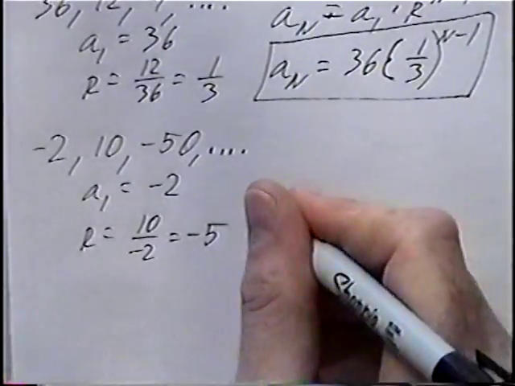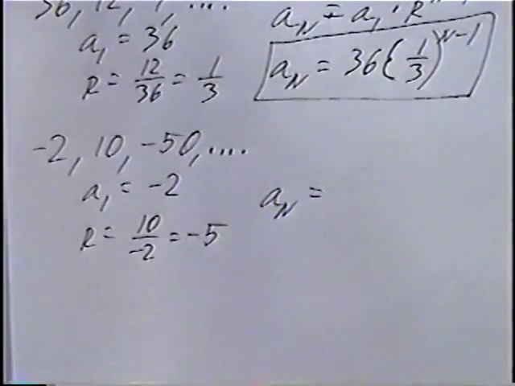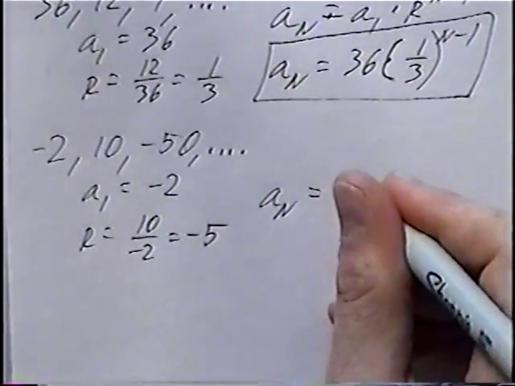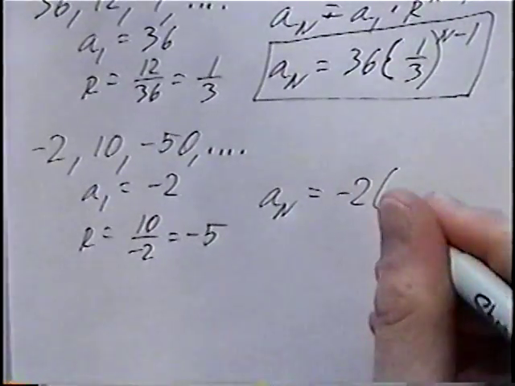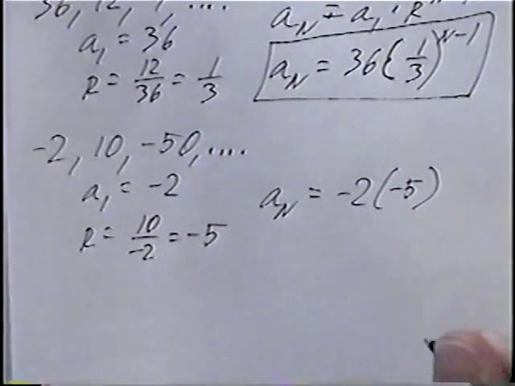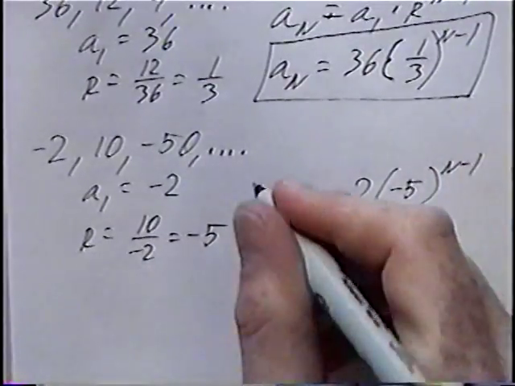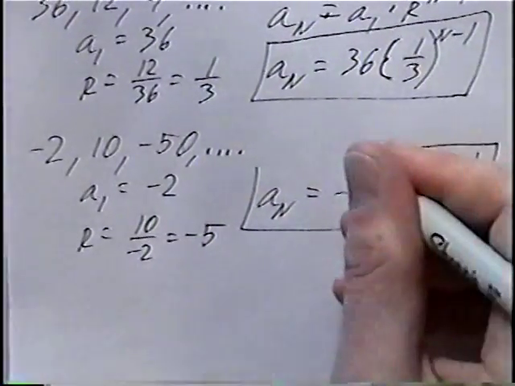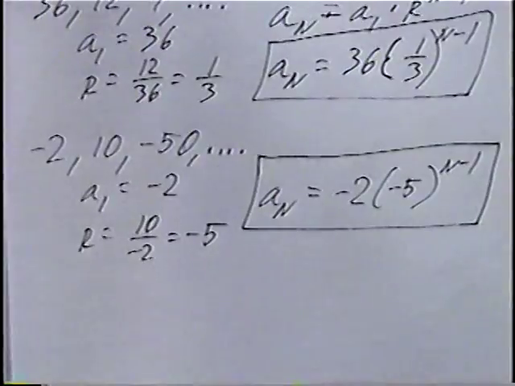And our equation again would be a sub n equals the first term, a sub 1, times the rate, which would be -5, and the exponent is always n minus 1 for geometric sequences.